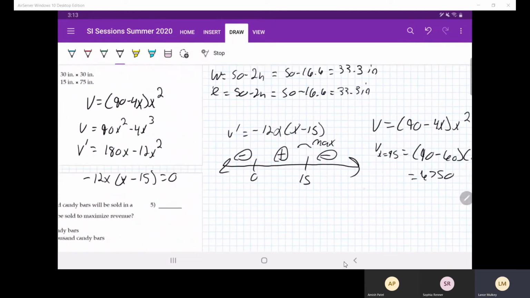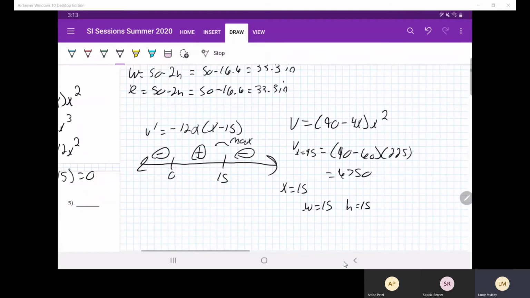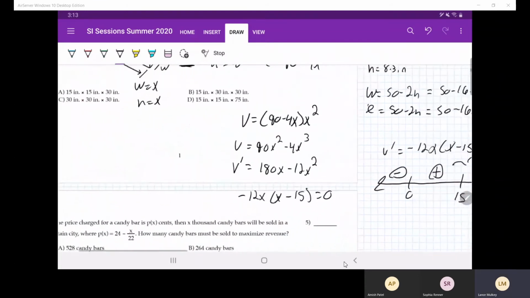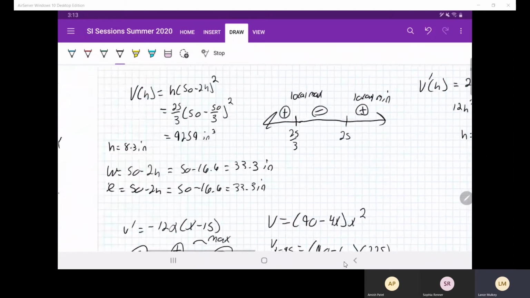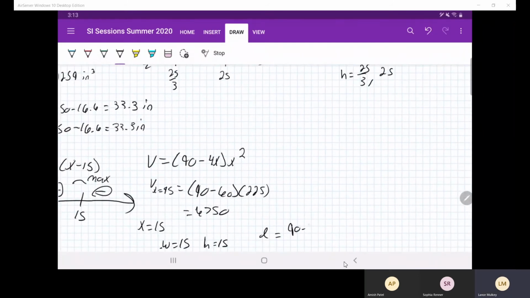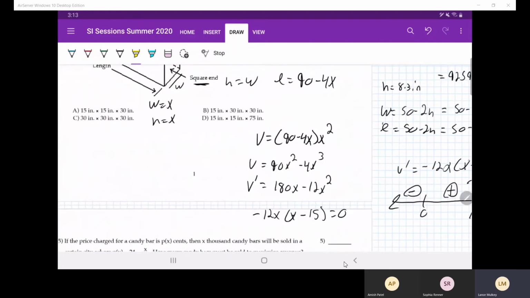Anyways, now since we know x is 15, we know width equals 15 and height equals 15. Right? Yeah. And now going back to our equation over here, length equals 90 minus 4x. 90 minus 60 equals 30 inches. All that's in inches. And B is the answer I got.